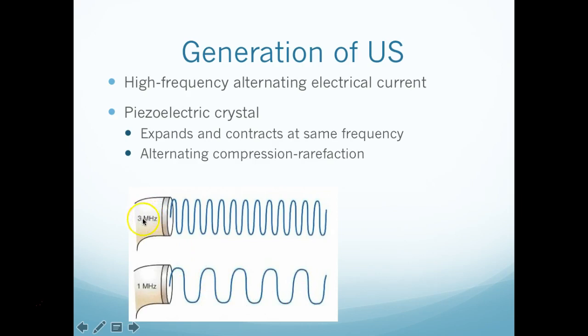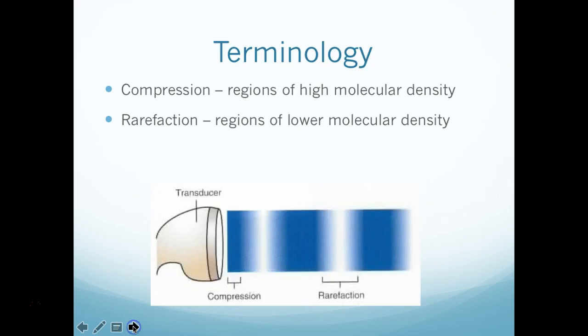Whereas 3 megahertz, you may have 3 people you like, you're not quite sure which one, so you're a little bit more superficial at this point. And so it's the one that's going to go more that 1 to 2 centimeters into the tissue, whereas that 1 megahertz is going to go about 5 centimeters into, or 2 inches about.